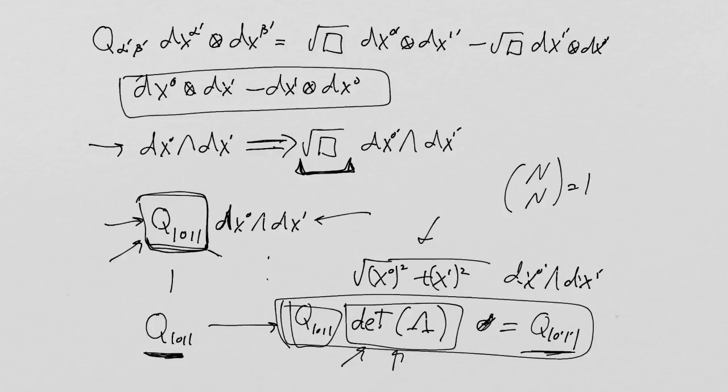And if you transform the coordinate system, that leading factor changes due to just the coordinate change by the determinant of, well, it's essentially the determinant of the Jacobian of the transformation, but it's the determinant of the covariant transformation. So that is how this works for that one particular case.